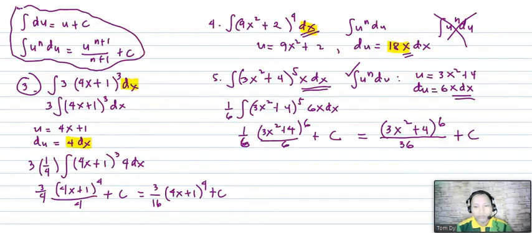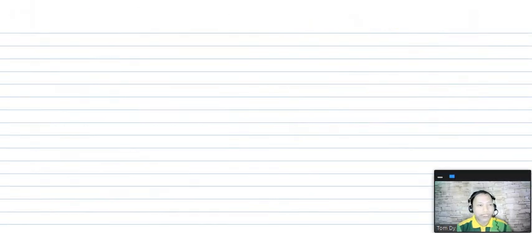To continue, we have number 6. So we have another example. Let's say the integral of 3x square root of, let's say, 4x squared minus 5 dx.